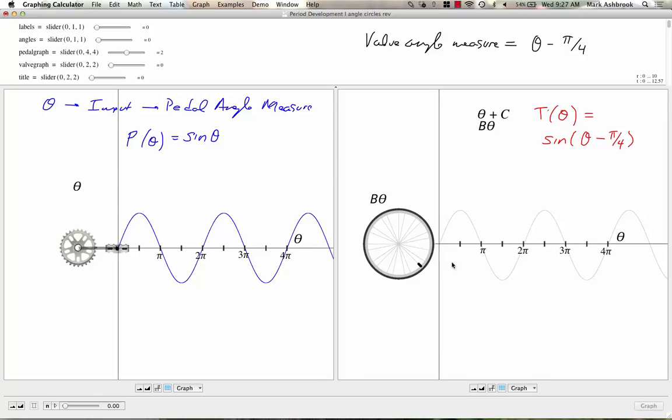Yeah, if it starts later, it's going to lag behind. So its cycle is going to start like this. Do you see? So it's lagging behind. So as theta increases, the pedal angle has already started its cycle, and then later on, thinking of theta increasing left to right, the tire valve cycle starts. So let's see that happen.